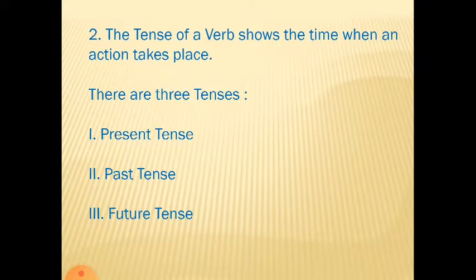So, the tense of a verb shows the time when an action takes place. As I said before, there are three tenses: present tense, past tense, and future tense.